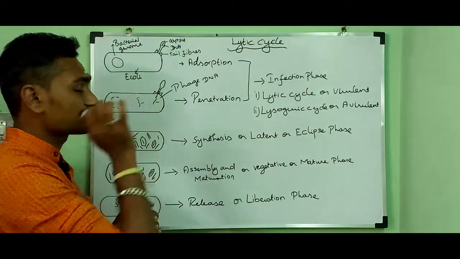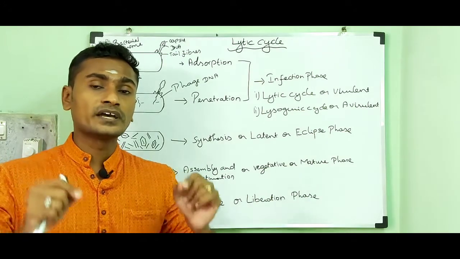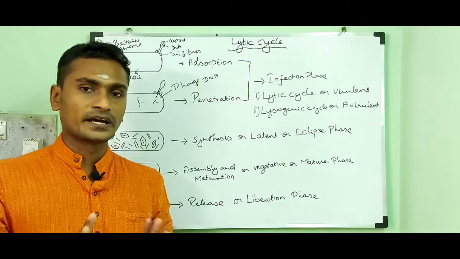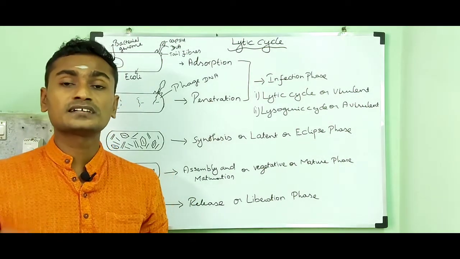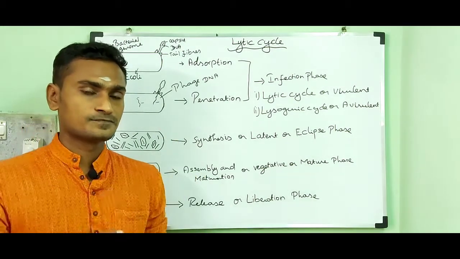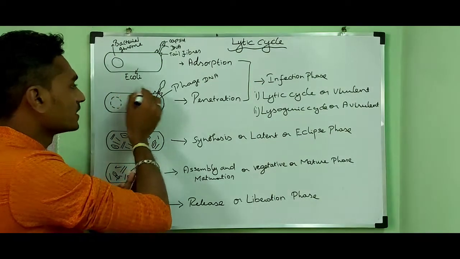So, what is called a bacteriophage? That virus which can affect bacteria is called a bacteriophage. So, a bacteriophage is nothing but a virus that can affect bacteria. Here, the virus is going to affect a bacterium called E. coli.